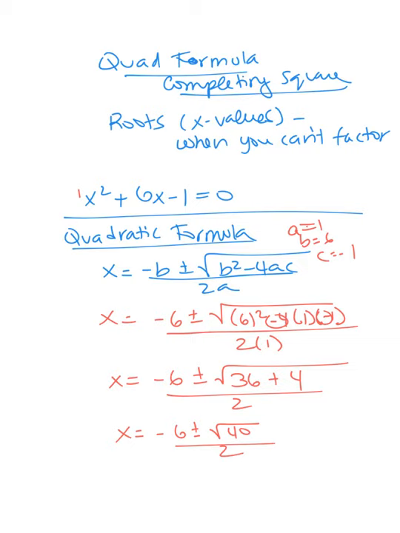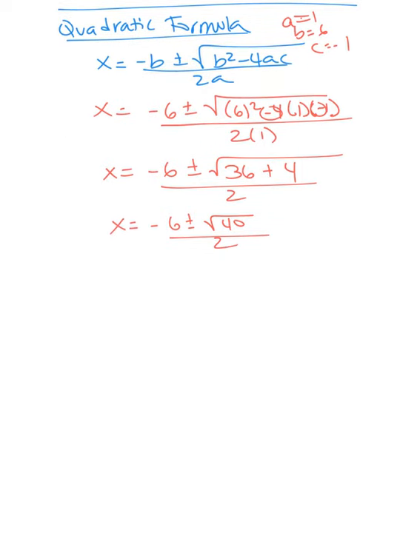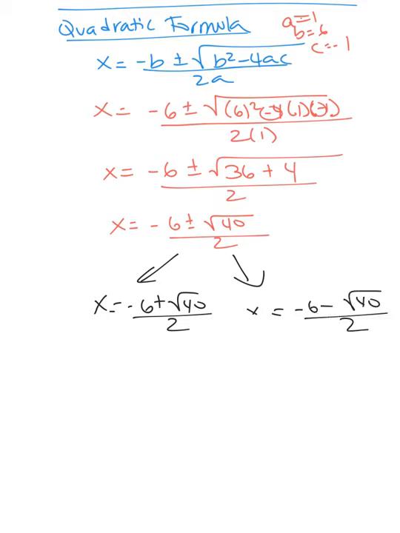This then becomes two problems. Just scroll down. When you set up two problems, either x equals negative 6 plus the square root of 40, all of that divided by 2, or x equals negative 6 minus the square root of 40, all of it divided by 2.